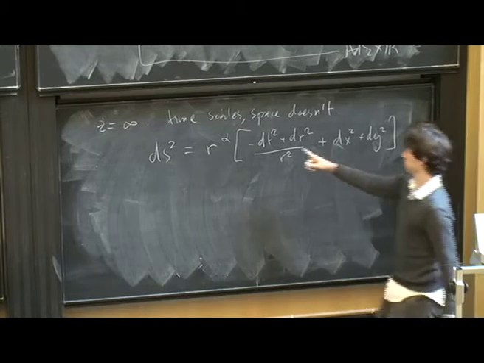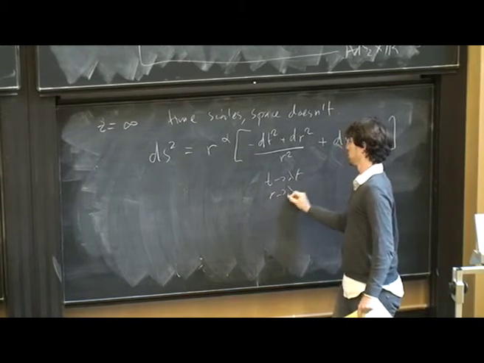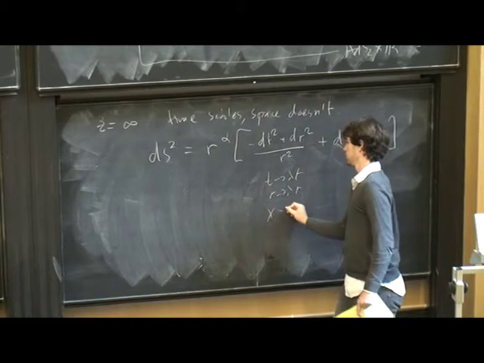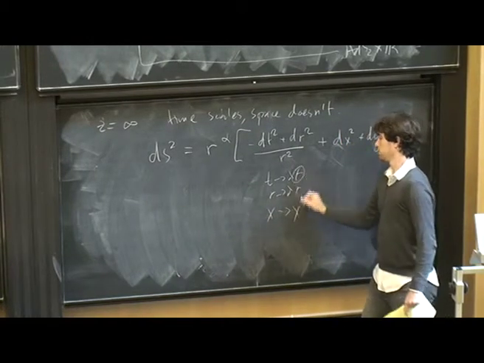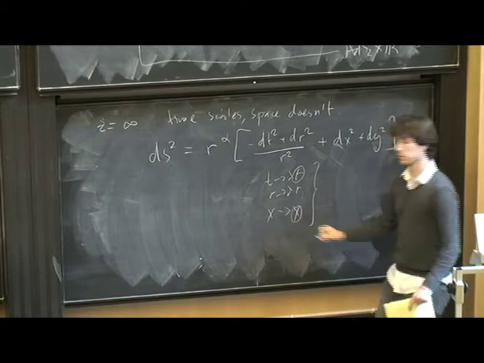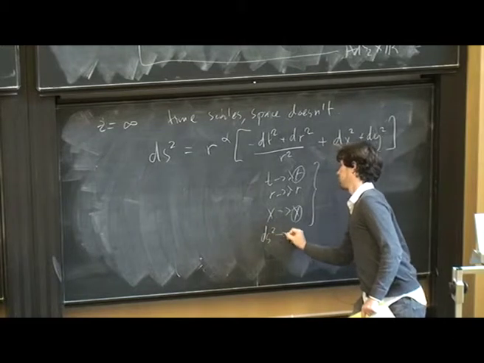And again, this has a symmetry. t goes to lambda t, r goes to lambda r, but x is not scaled. It has a scaling action where time scales, but space doesn't. So the overall metric scales too.